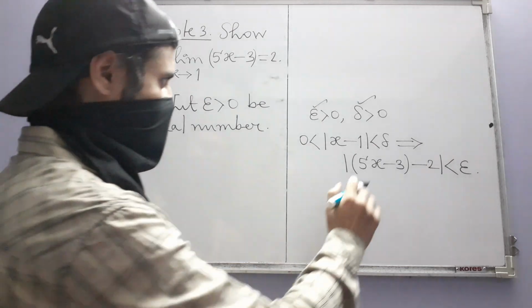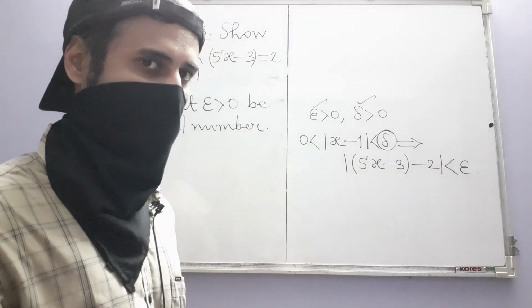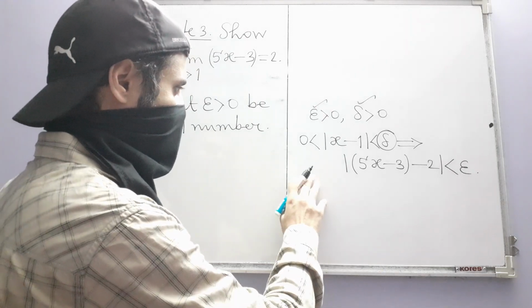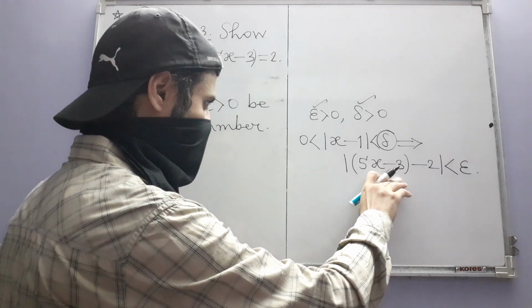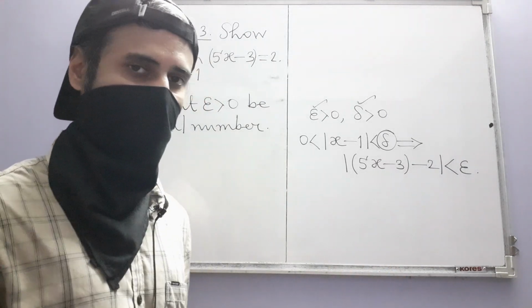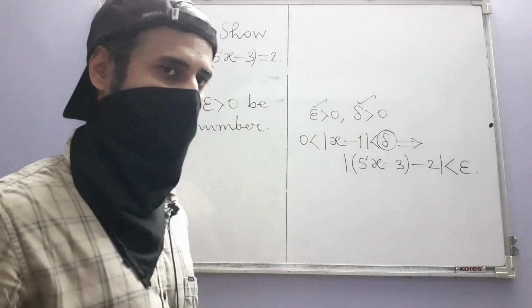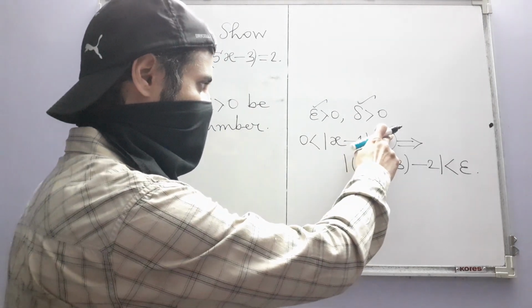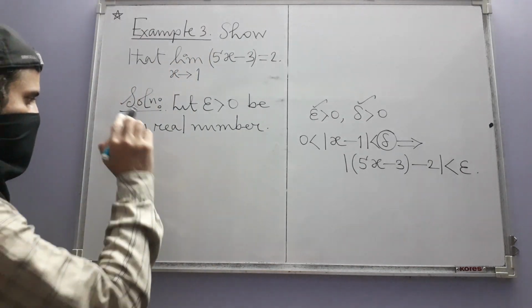But how can we possibly guess what such a delta is? For that, we have to start from this inequality and do a kind of back calculation to try to get something like this. From there, we will have to figure out what delta possibly can be. So let's see.